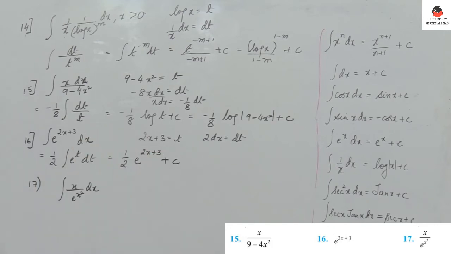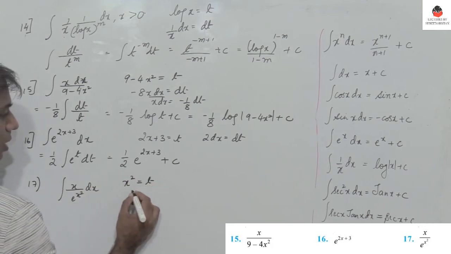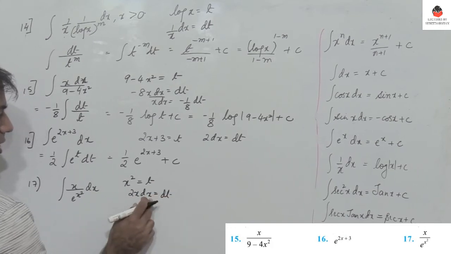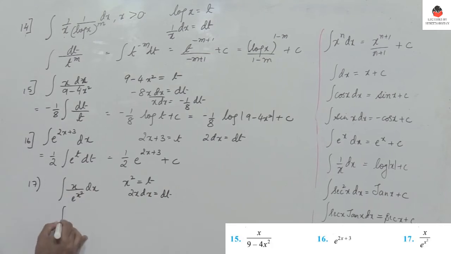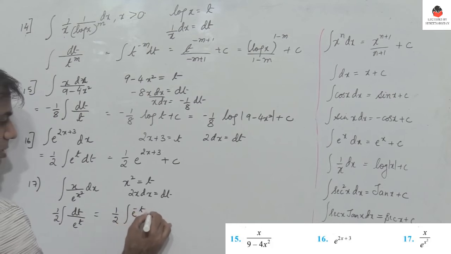So integral x divided by e power x square dx. So here make the substitution x square equals t, or you have 2x dx equals dt, or what is x dx? It is dt by 2, right? So x dx is dt by 2 divided by e power t. So you have 1 by 2 integral e power minus t dt.